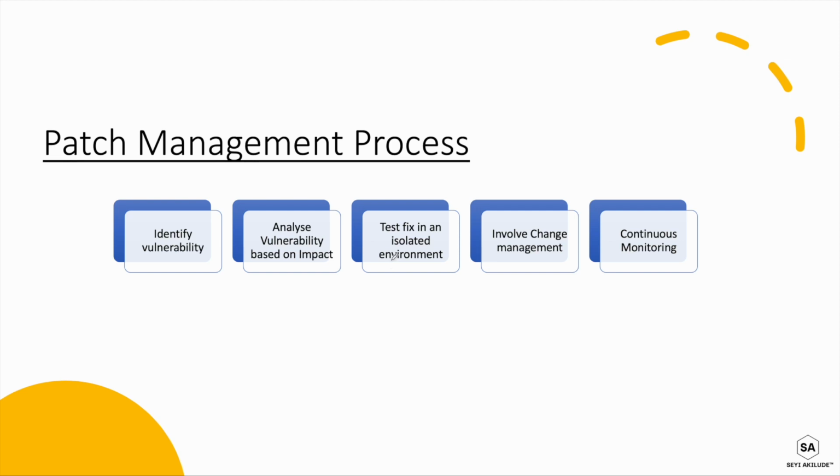So I want to quickly walk us through. The first thing is to identify the vulnerability, which is what we have done. The second thing is to analyze the vulnerability based on its impact. When we're looking at the impact, we also need to understand the severity level of that particular vulnerability.